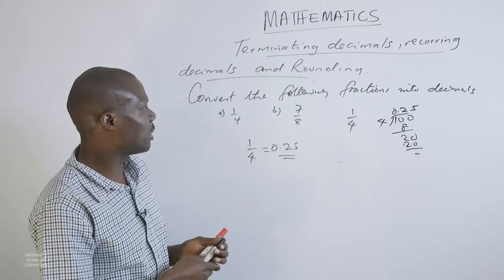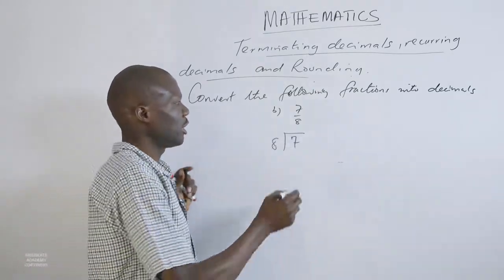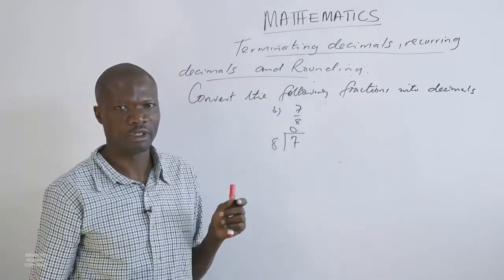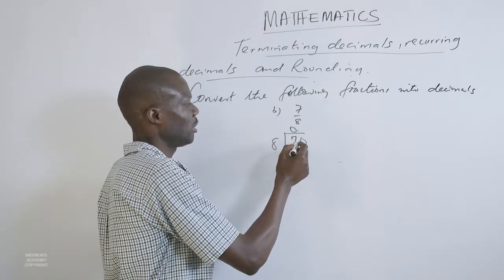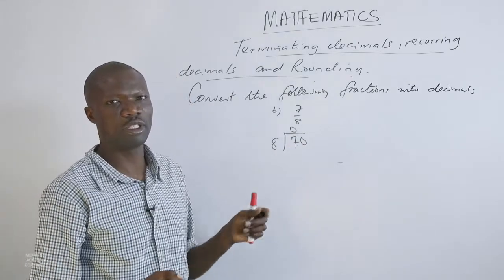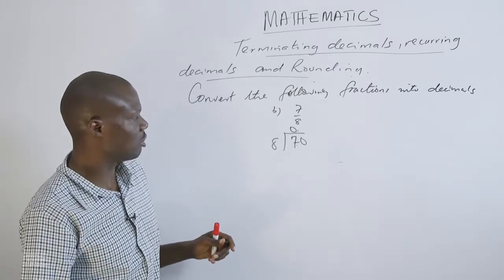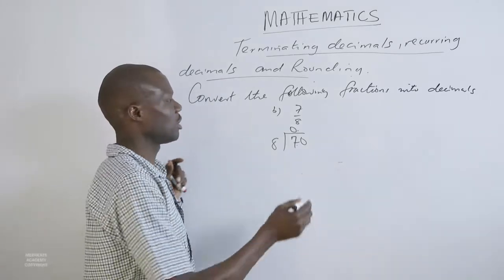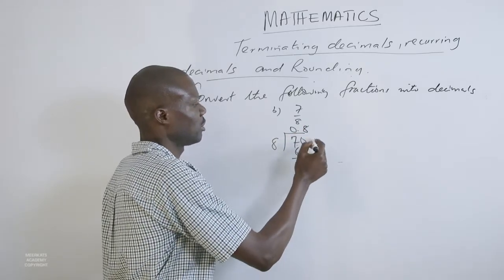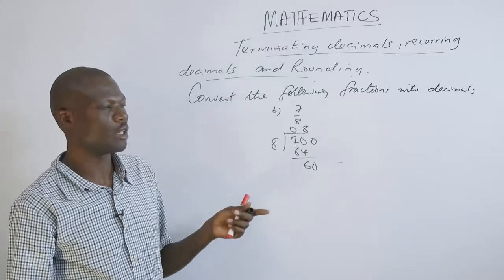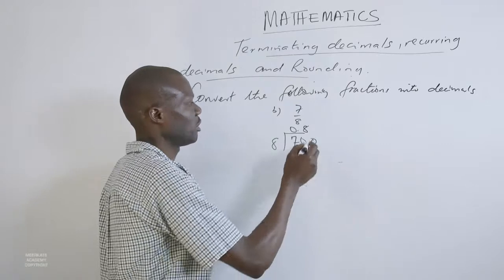This fraction gives us a terminating decimal. For the second one, 7/8. So 7 divided by 8 we cannot, so we put a 0 and bring down a 0 here. Then we have 70 divided by 8, which will give us 8 because of 64. We remain with 6. When you bring down the 60 divided by 8, this one will give us 7 because of 56.